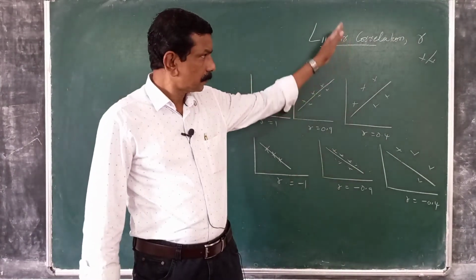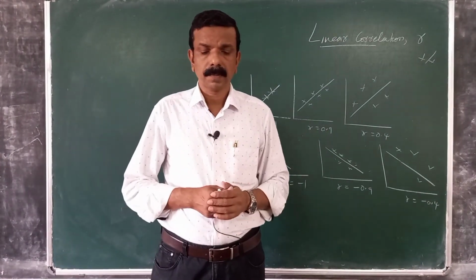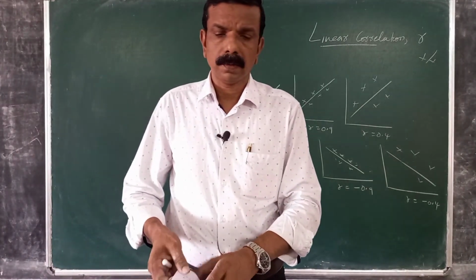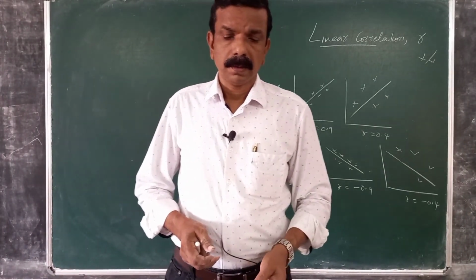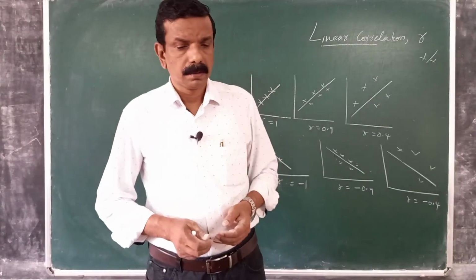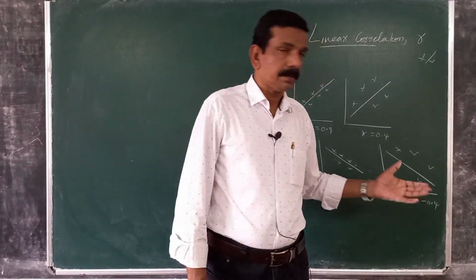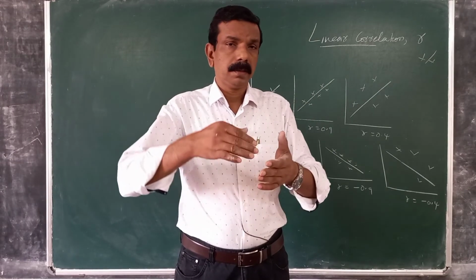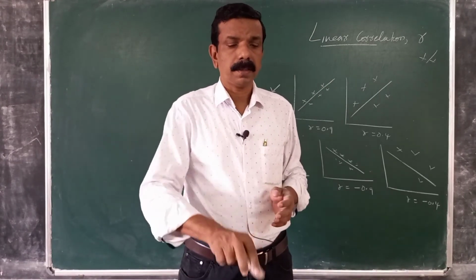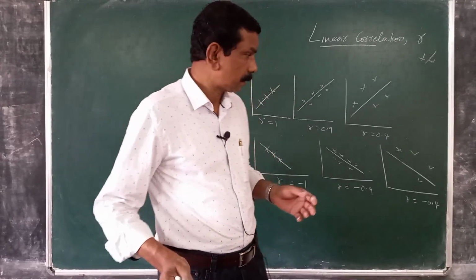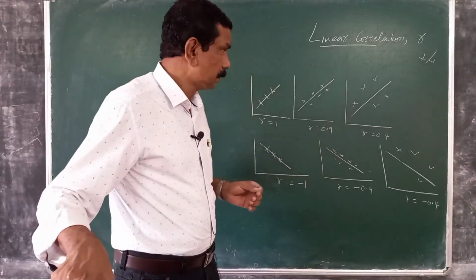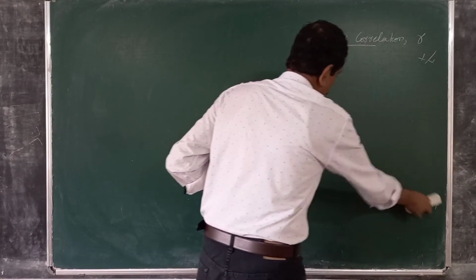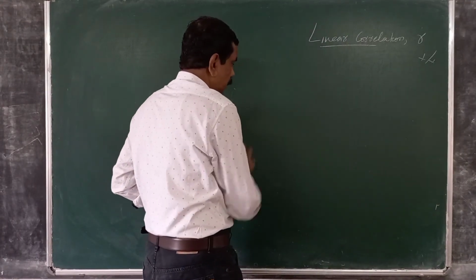Now this is linear correlation, and we will not consider examples manually, as software will easily estimate correlation coefficients for us. The formula we have discussed is the defining formula.